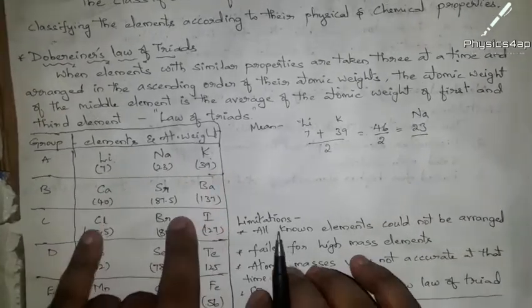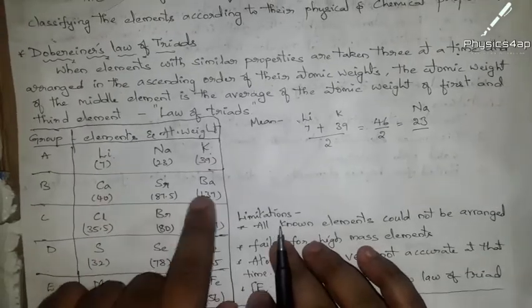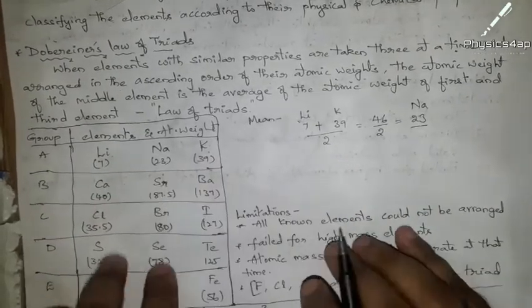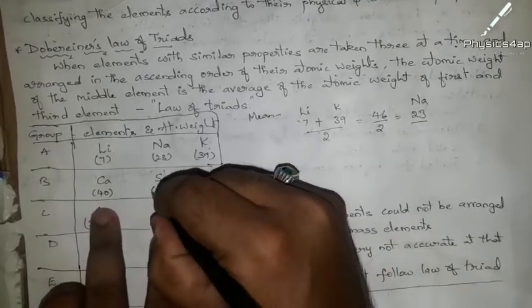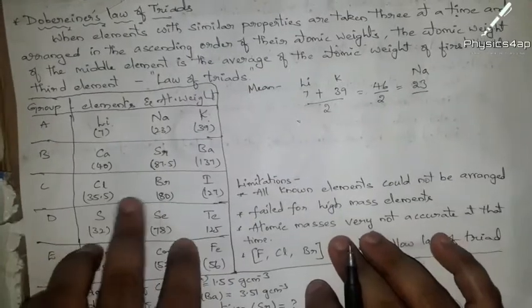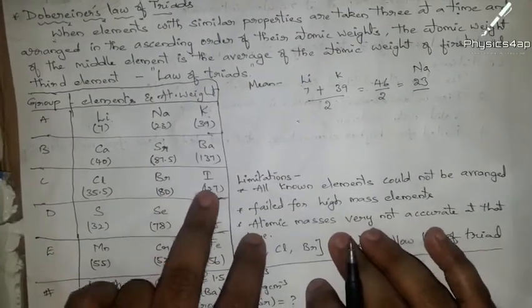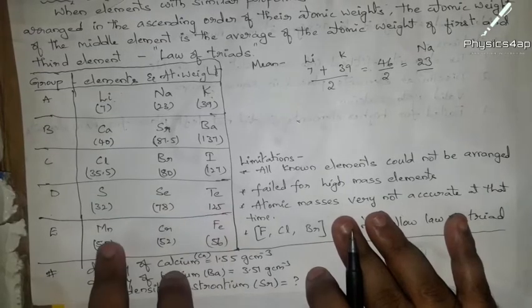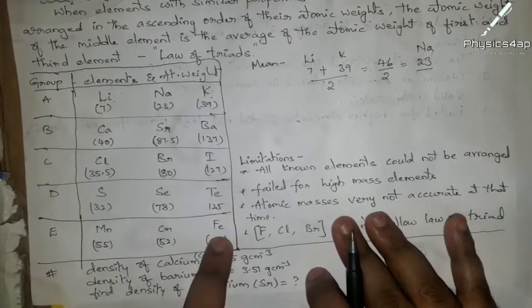The same is true for calcium, strontium and barium, whose atomic weights follow the law of triads, as well as chlorine, bromine and iodine; sulphur, selenium and tellurium; and manganese, chromium and iron.